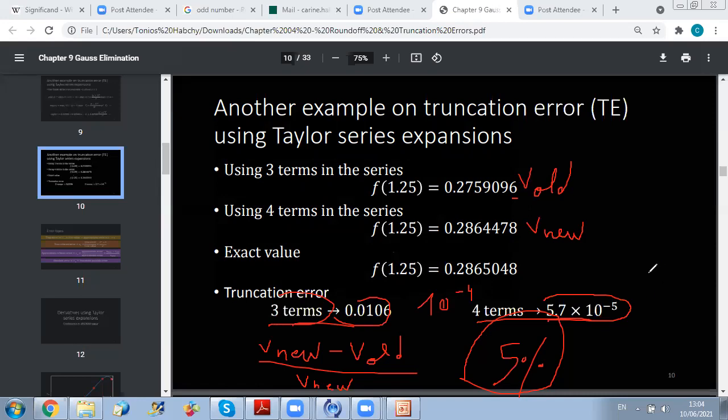So it depends on which error you are considering and which criterion you are taking. You can base yourself on true error, or on approximate error. Here, both are possible because you know the exact solution. But in cases where you don't know the exact solution, you should deal with approximate errors. Any question on this?